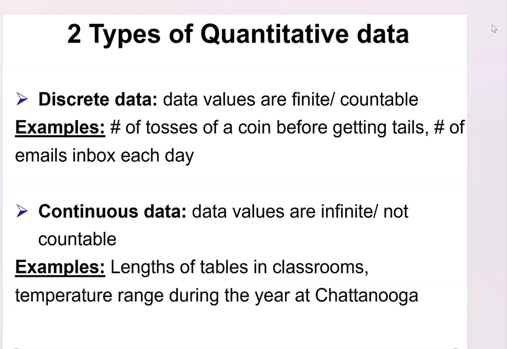We may have days with 94, 95, 96, but if you have a very accurate thermometer, you can see it can be 94.1, 94.2, 94.3. So the difference here is that for continuous data, you can have the decimal, the decimal does make sense. And for discrete, the decimal does not make sense.